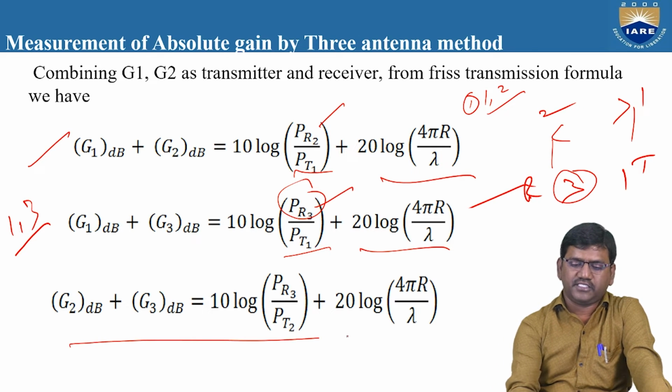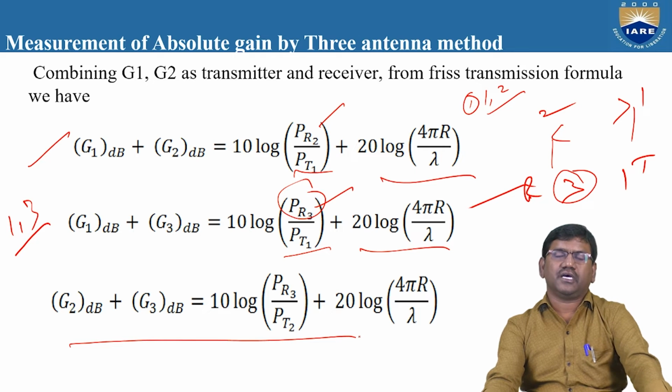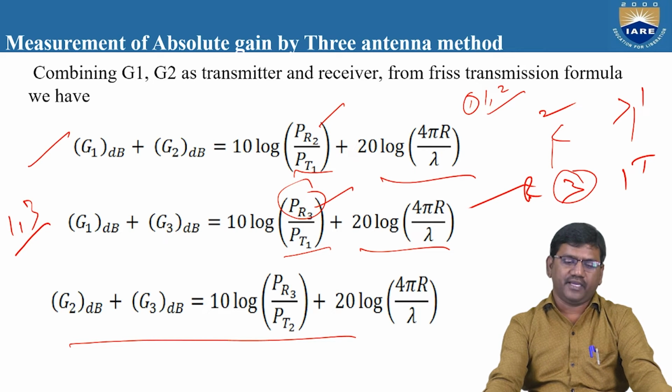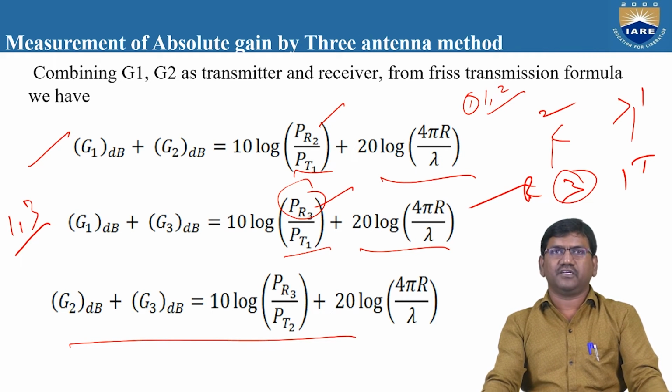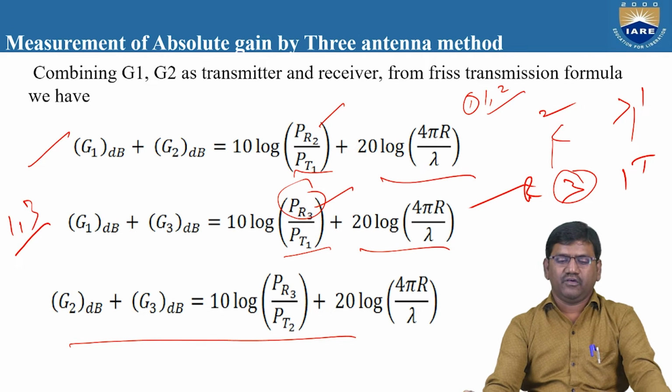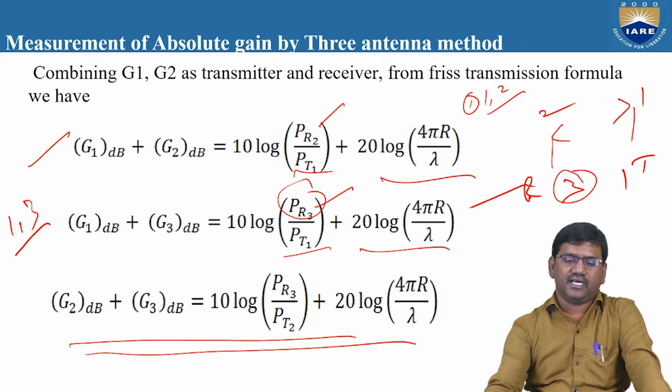Similarly, when the second antenna and the third antenna are combined, we can write G2 plus G3 is equal to 10 log PR3 by PT2 plus 20 log 4 pi r by lambda. So by combining these antennas, 1 and 2, 1 and 3, and 2 and 3, we get a total of 3 equations.